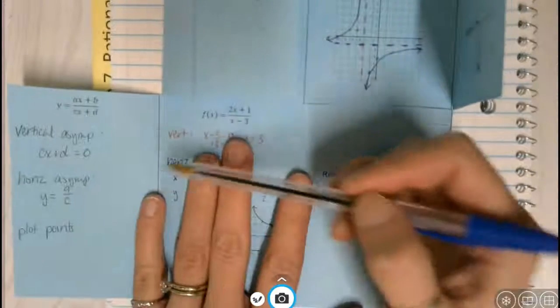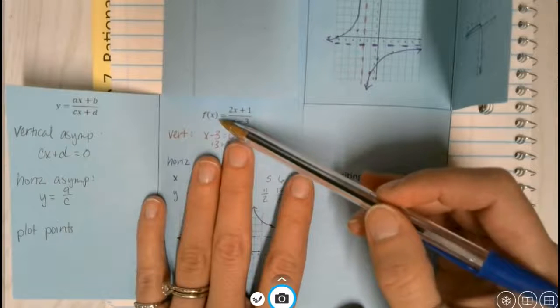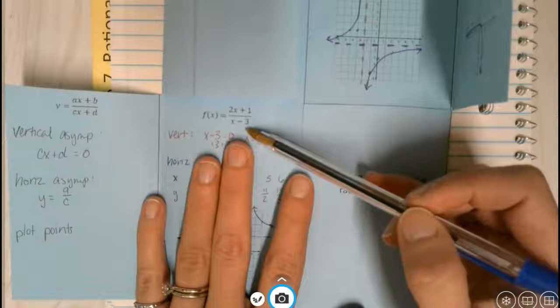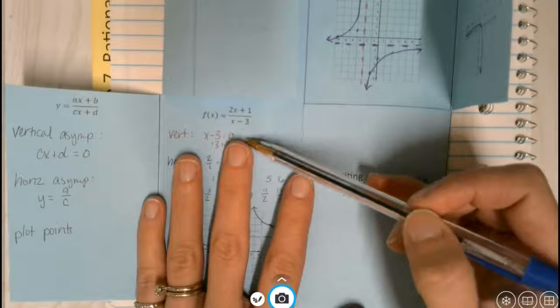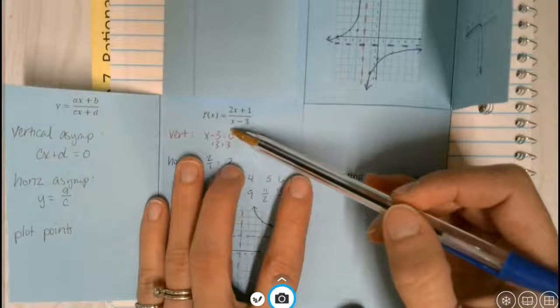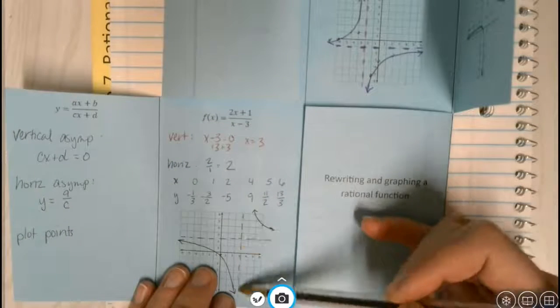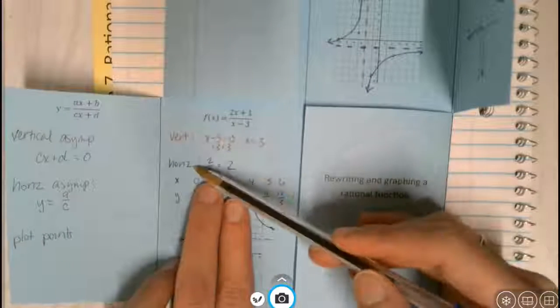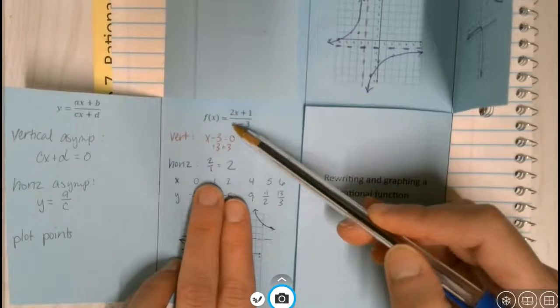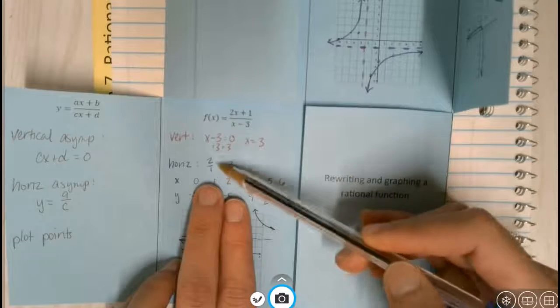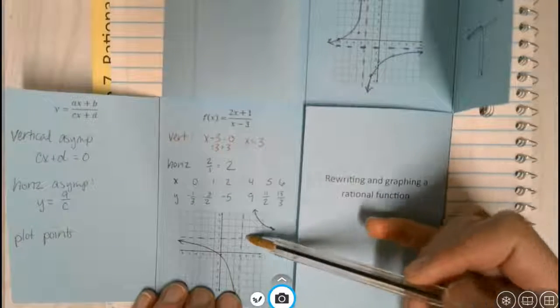Okay? So let's look at an actual example. Here I have f of x equals 2x plus 1 over x minus 3. First I always find my asymptotes. For my vertical asymptote, I set my denominator equal to 0, so it'll be at x equals 3, and I plot that line. For my horizontal asymptote, I take the values of a and c, which is 2 over 1, giving me 2, so I plot that line as well.